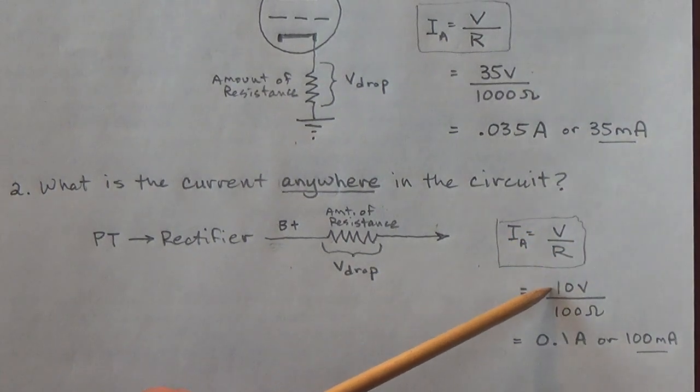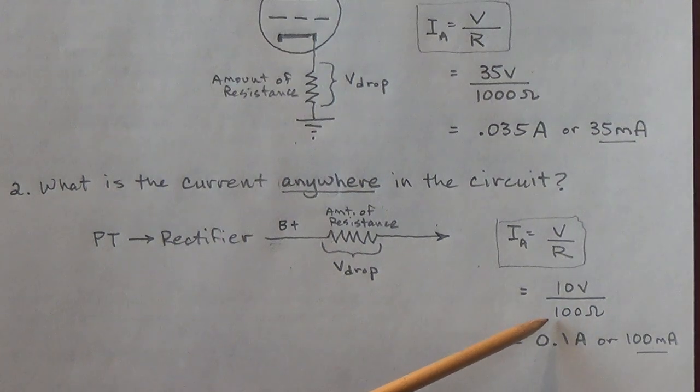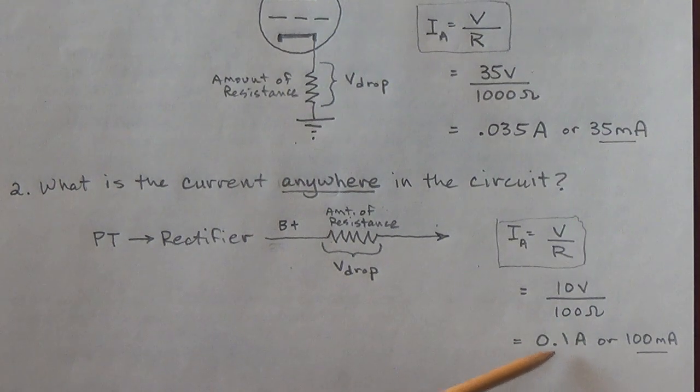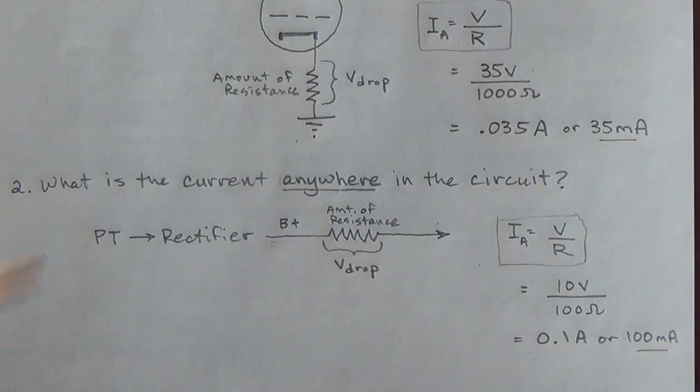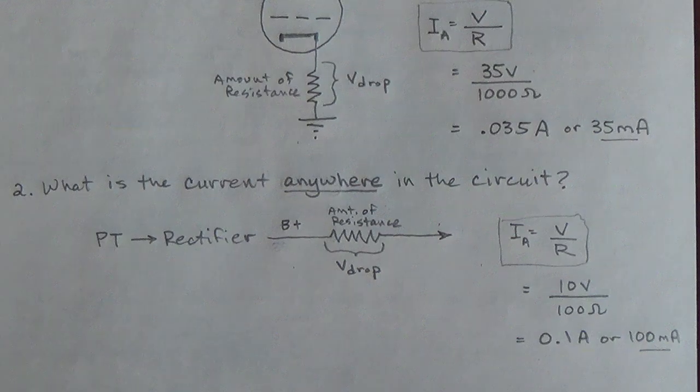I got 10 volts voltage drop, 100 ohms exact resistance, which comes out to 0.1 amp, or I move my decimal 3 places to the right, and I get 100 milliamps flowing out of my rectifier, and that is the extent of my B+ current.